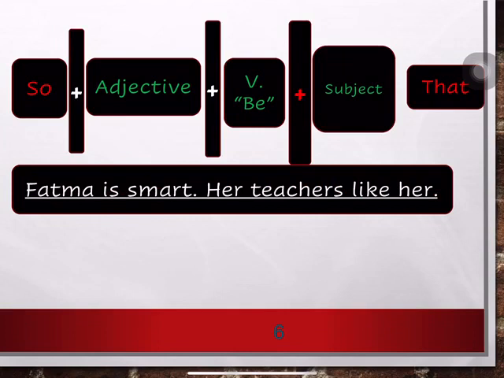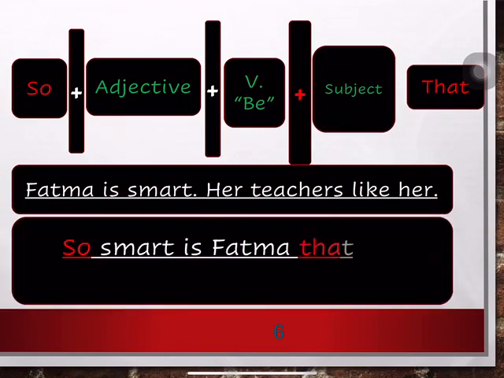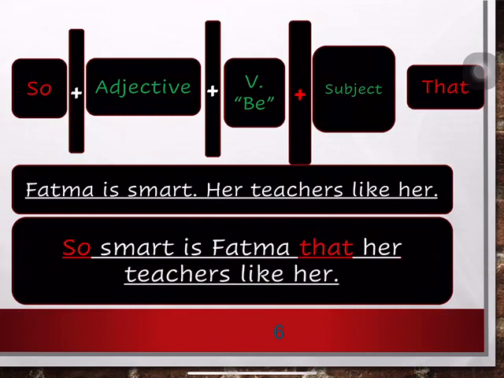So when I start with so, yes, very good. So smart is Fatma. And then we use that, and I write the second sentence with no changes at all. So smart is Fatma that her teachers like her.